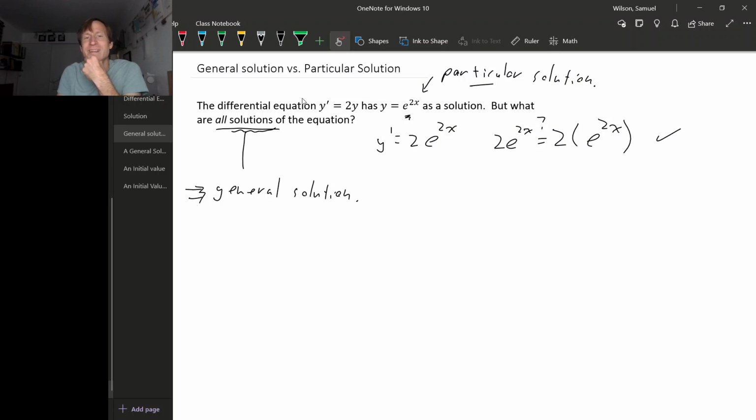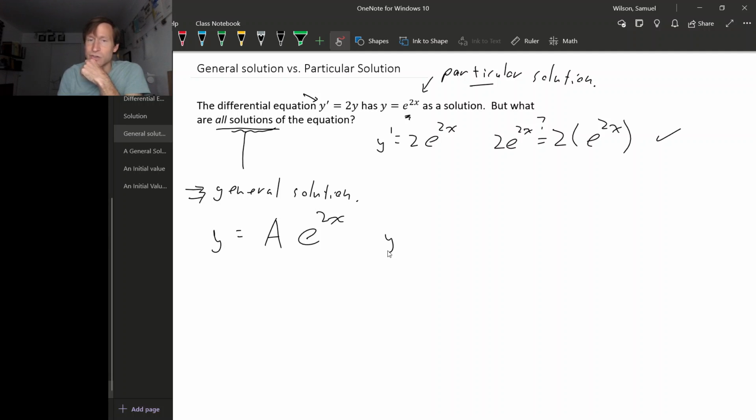So for this particular example, let's see if we can come up with a general solution. If we read this differential equation out loud to ourselves, we're looking for a function whose derivative is twice what it started as. So it's true that e to the 2x is such a function, but are there any other functions? Well, it turns out if you multiply e to the 2x by any number, that also is a solution, which again we can check.